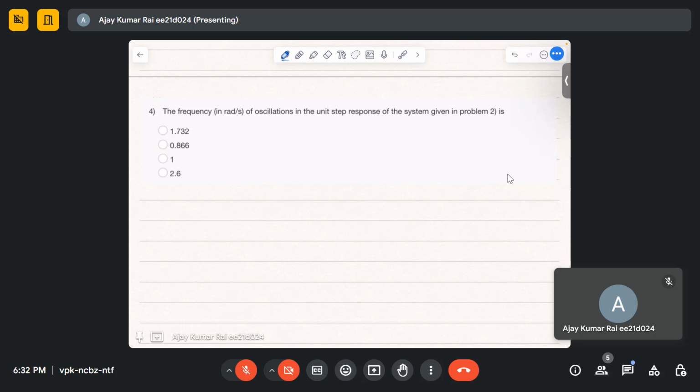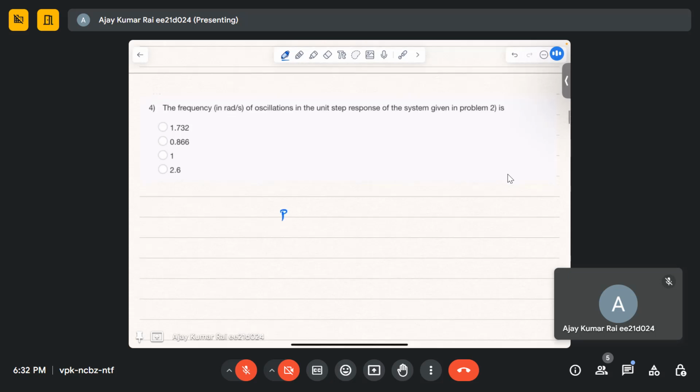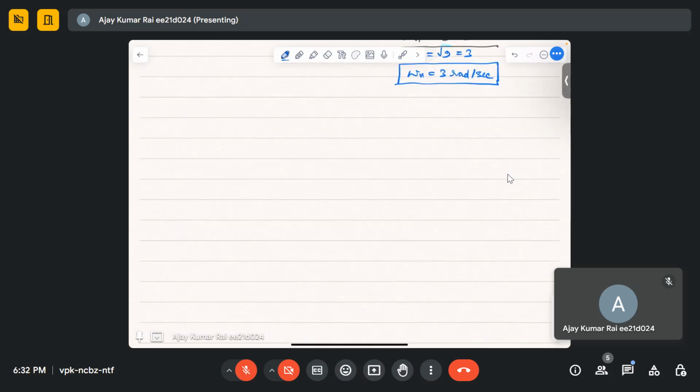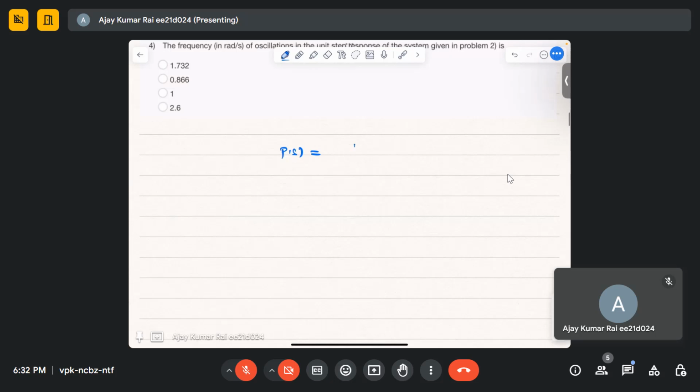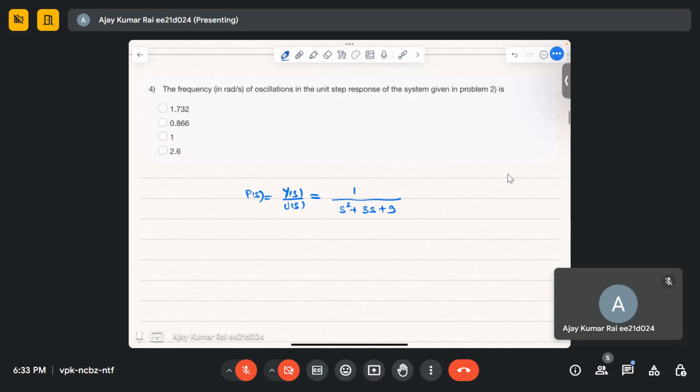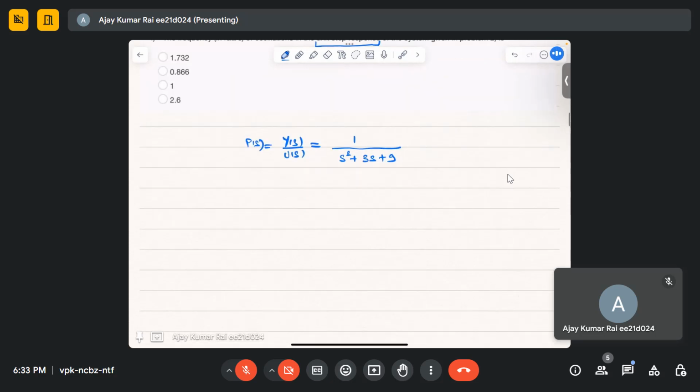Frequency of oscillation. So the transfer function is given, right? Let me again write this transfer function, which is 1 by s square plus 3s plus 9. So this is y of s by u of s, right? For the unit step response, you have to find the unit step response.